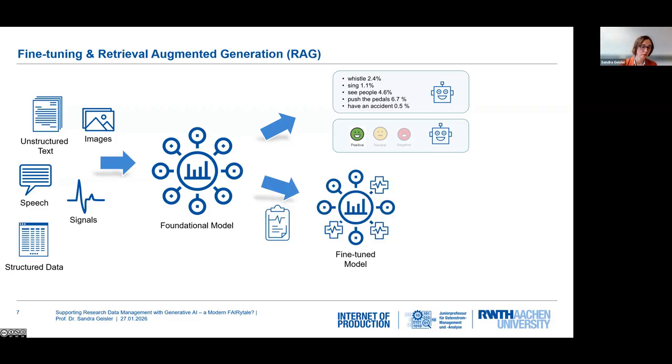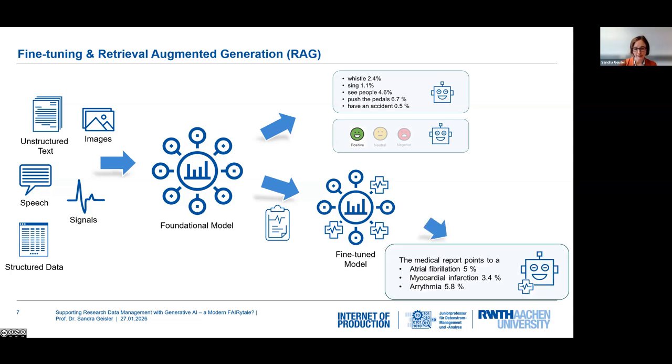For example, fine-tuning: to train the model, to show the model more examples of specialized tasks, more specialized data, and come up with a fine-tuned model which can then solve specialized tasks, like analyzing the text of a medical report and coming up with an estimation of the diagnosis from the report, just as a very simple example.